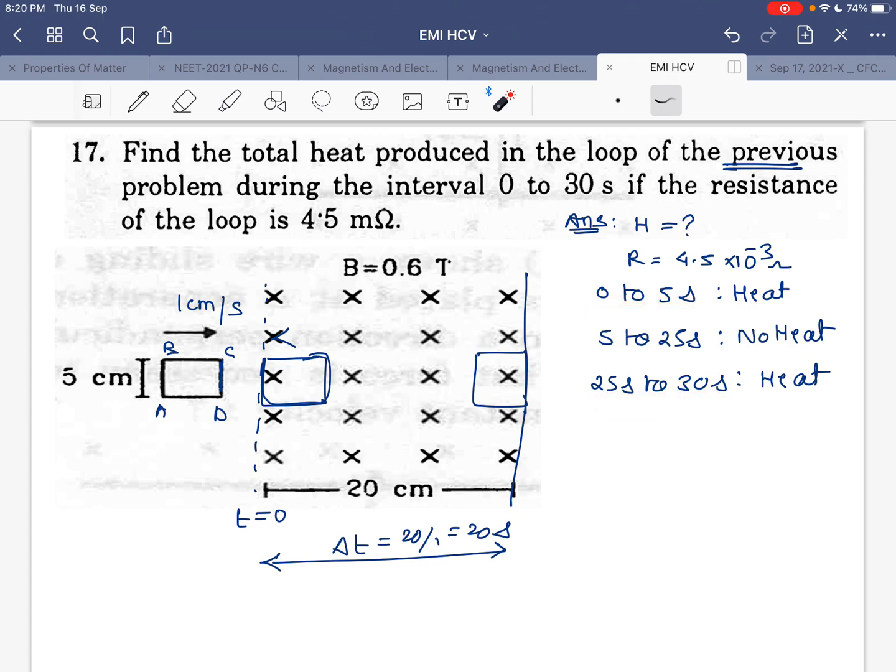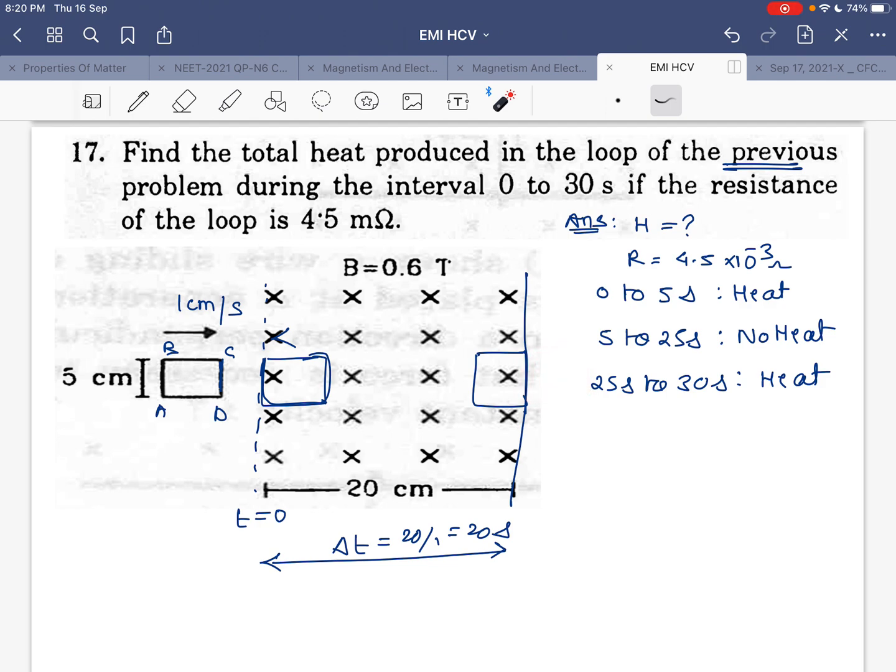Okay, so here at t is equal to 0 the loop is entering, and at t is equal to 5 seconds it is here. Okay, and now from this to this, so now the loop is here. Now in getting from here till here, how much time will it take? It will take 20 seconds more. So 5 seconds and 20 seconds more will be 25 seconds, and then 30 seconds.